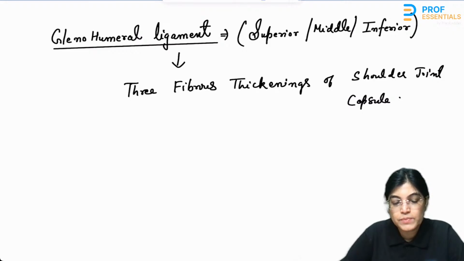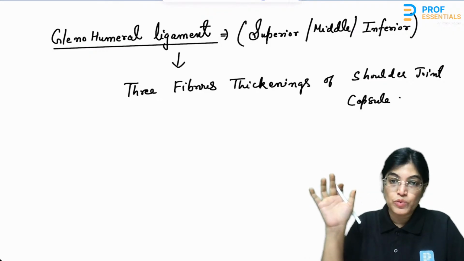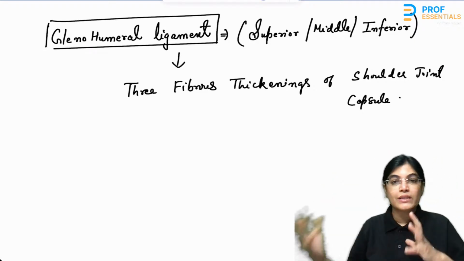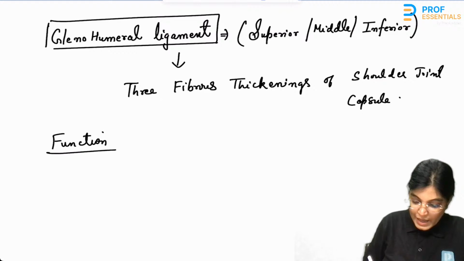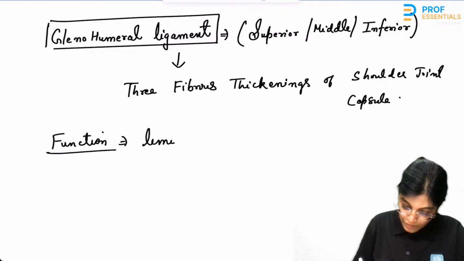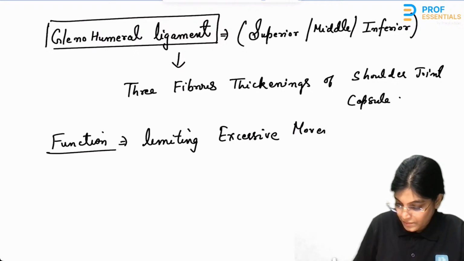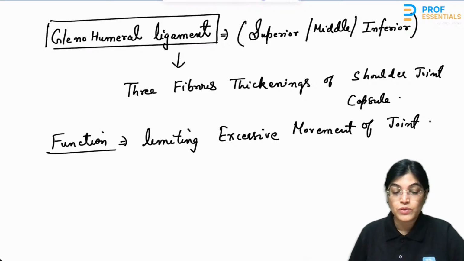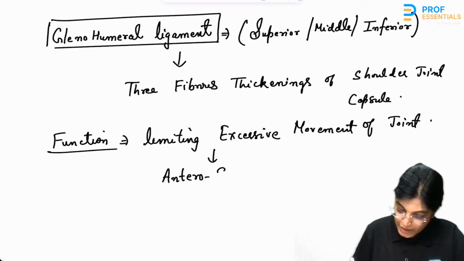Especially, they are very important for limiting excessive dislocation of the shoulder joint, especially inferior and anterior. These three glenohumeral ligaments, which are a thickening of the fibrous capsule of the shoulder joint, are crucial because they limit excessive movement of the shoulder joint. Which movement? The inferior and anterior, so basically it is limiting antero-inferior dislocation.